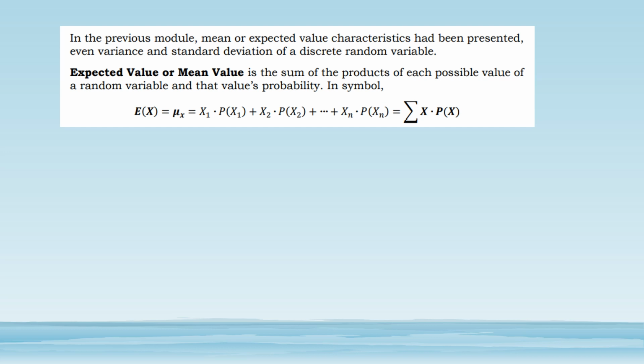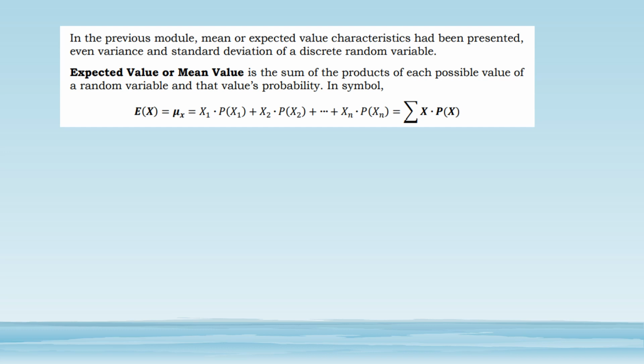In the previous module, mean or expected value characteristics had been presented, even variance and standard deviation of a discrete random variable. Expected value or mean value is the sum of the products of each possible value of a random variable and that value's probability.